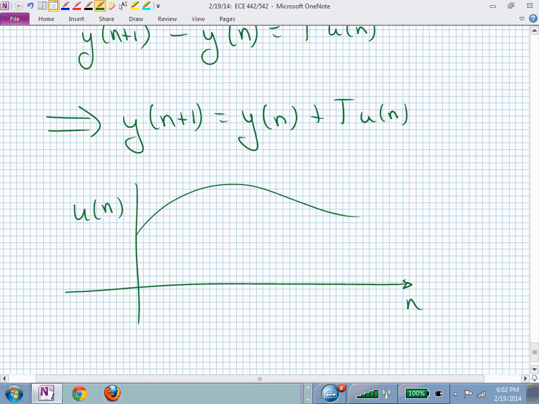Now, what I'm going to call y of n is going to be the area under that curve up to time little n. Meaning, if I now go up to some time n and shade that, I'm going to say that this shaded region is y of n.